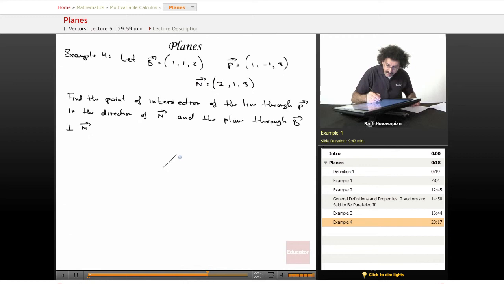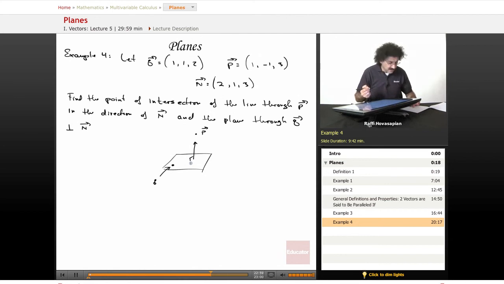So we have this plane, okay. Here's a plane, and I'll go ahead and put Q here. So this is Q. And then we have a line which passes through P. So here's some P, and it actually moves in the direction of N. So I'll go ahead and put N right on this.